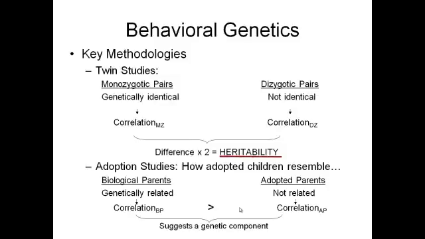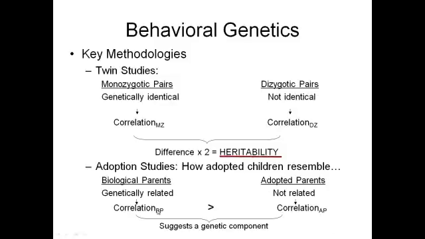The biological parents of the children who are adopted basically have little or no contact with the child. So in terms of how they're being raised, the biological parent really doesn't have any influence. But nevertheless, they're genetically related, unlike the adopted parents. Well, it turns out that on many traits, the correlation between children and their biological parents is actually higher than the correlation between children and their adopted parents.